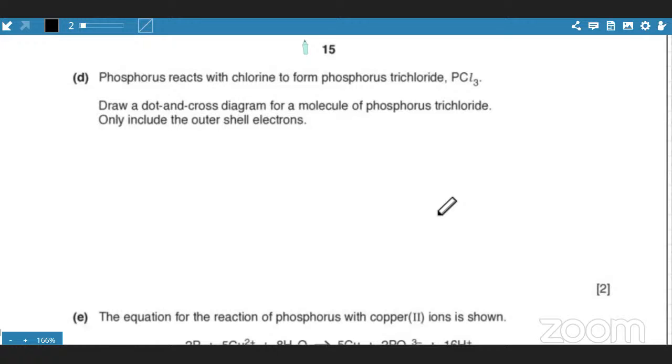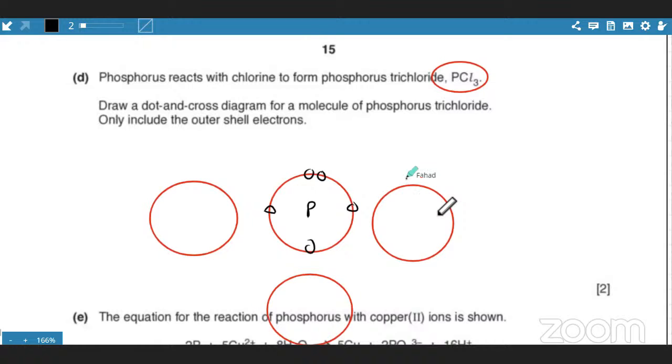Now P has a total of 5 electrons. Cl has a total of 7 electrons. So here's another Cl with its 7 outermost electrons. And here's another Cl that's also having 7 electrons.